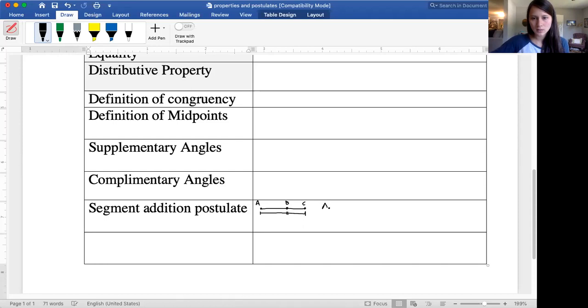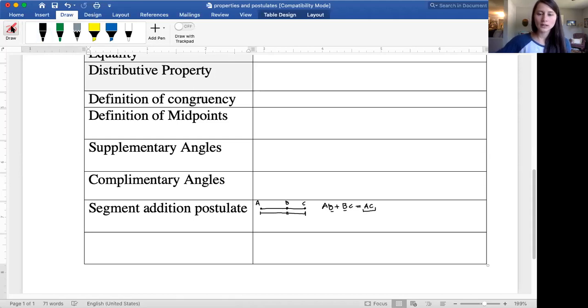So AB plus BC equals AC. And I recommended that you write out your segments where the center point is in the middle here, so that you can see that B is the point that joins the 2 segments together, and then the entire part is AC.